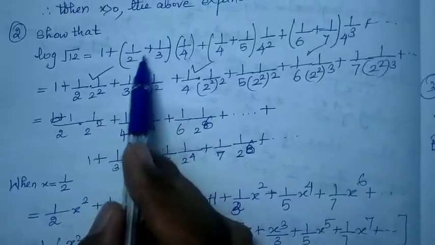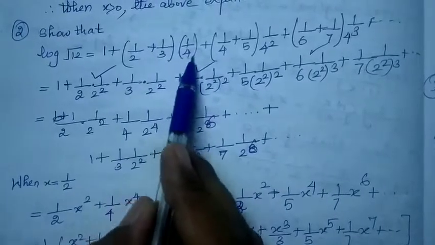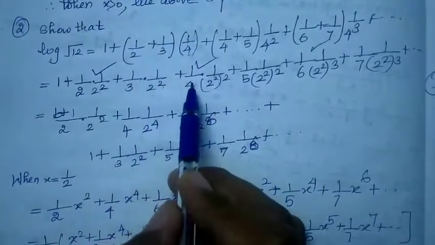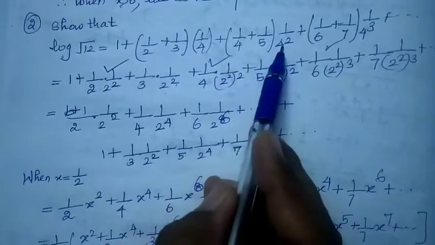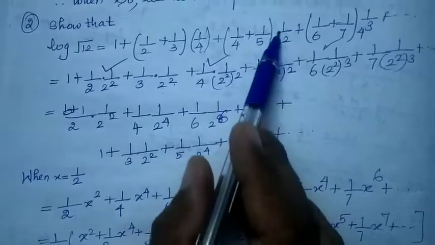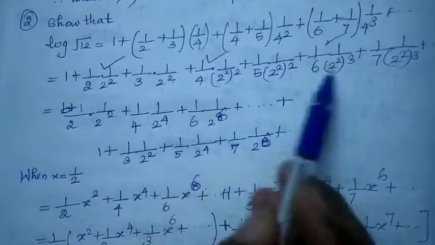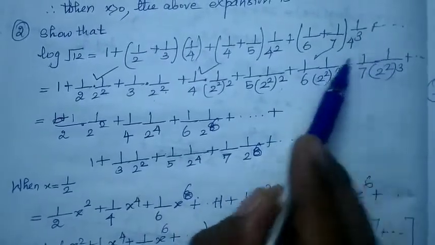Again plus, just multiply this 1 by 3 into 1 by 4 can be written as 1 by 2 square. Again just multiply this 1 by 4 into 1 by 4, where 4 can be written as 2 square, the whole square, plus 1 by 5 into 1 by 2 square the whole square. Similarly do the same procedure for all the other terms, right?